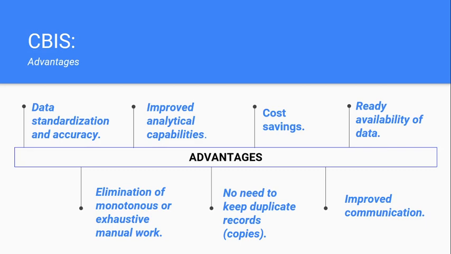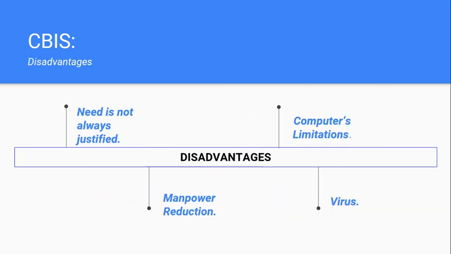Right? Now since we have seen the advantages, let us see whether there are any disadvantages. Yes, there are disadvantages. What are those? Need is not always justified. According to different circumstances, the need of any organization or company is not always justified. Sometimes it may seem premature or be developed on totally unjustified grounds.